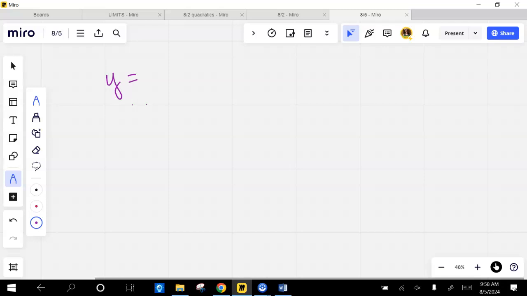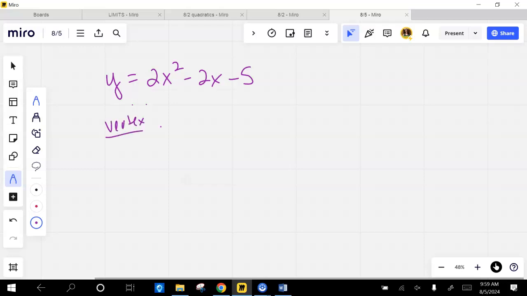Y equals minus what? 5. All right, so what I know before I graph it is it's going up. It's going to be skinnier than average, and the y-intercept is -5. First thing I'm going to do is calculate that vertex.